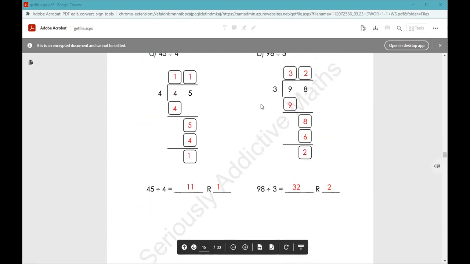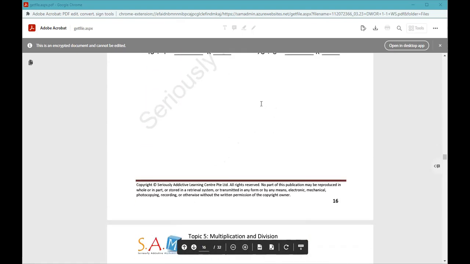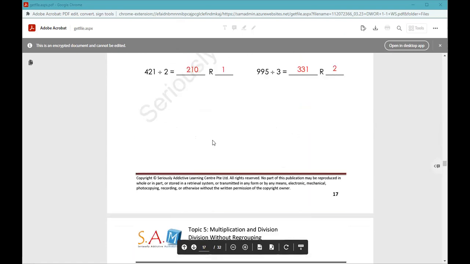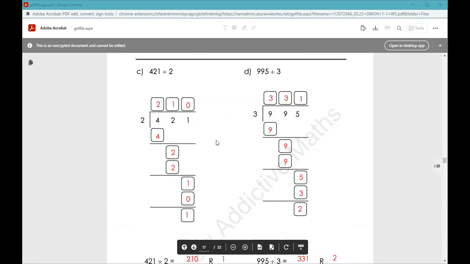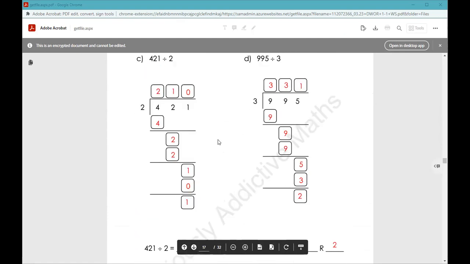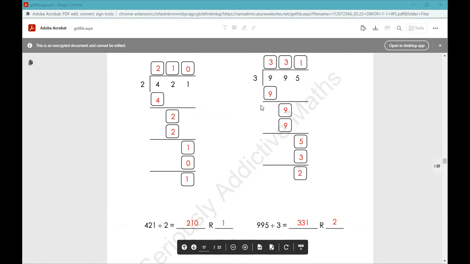You might want to get them to do page 16, where it's scaffolded for them. Page 16, and then followed by page 17 as well. Page 17, because this is 3-digit.